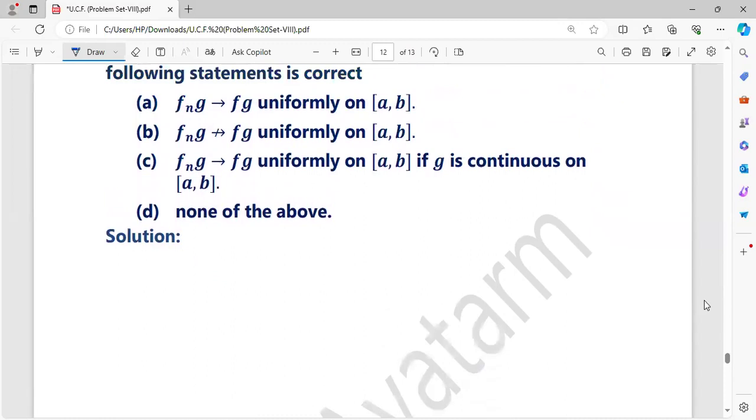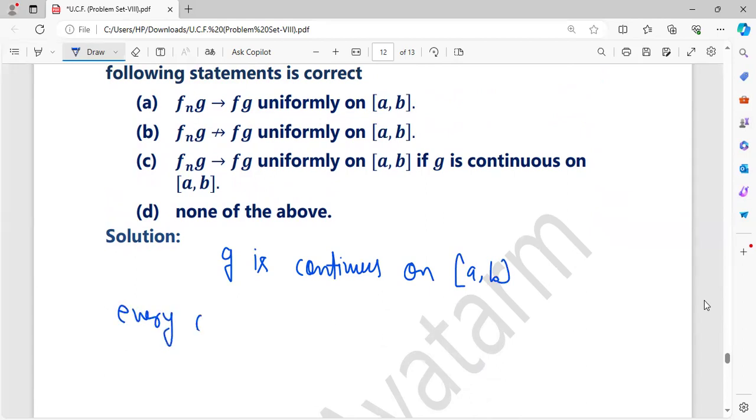You see that I am taking the option: suppose G is continuous on [a, b].